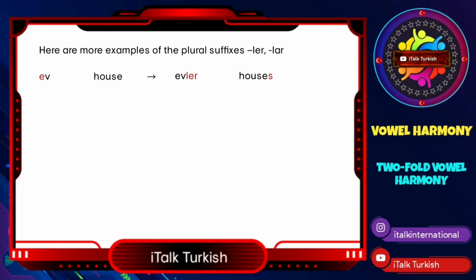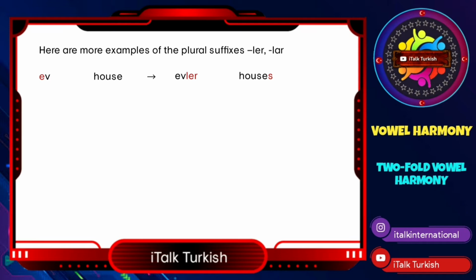It's called two-way because it can appear in one of two ways, either as ler or lar. For ev, we want to be sure that, according to the rules of vowel harmony, we choose a suffix that harmonizes best with the final vowel in the word we're attaching it to.